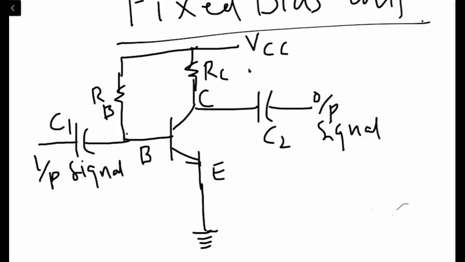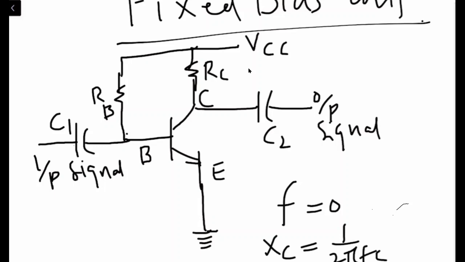Open circuit, it will block DC. Open circuit, yes, because for the DC analysis the frequency is, as you know, 0, right? When the frequency is 0, XC is 1 divided by 2 pi FC, right?